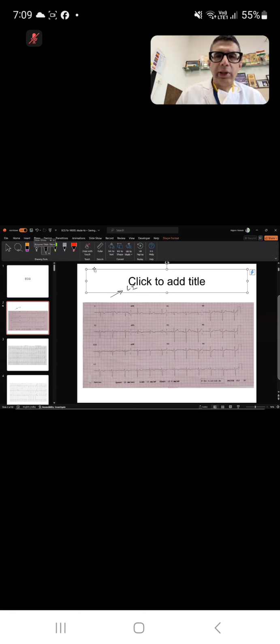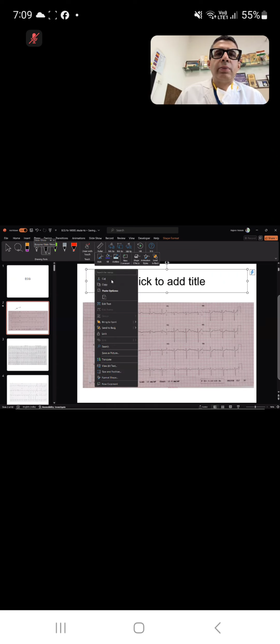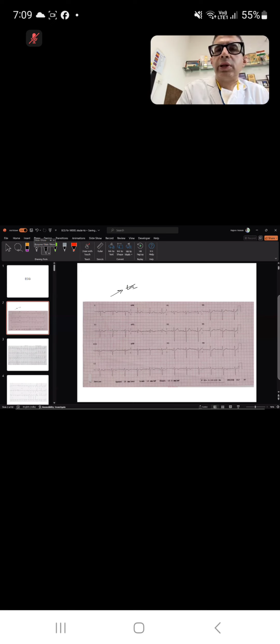You are looking at aVR. So let's look at L1, aVR, V1 to V6. Okay. So now if it is a lead reversal, in L1 the P wave is negative, QRS is negative. In aVR, P wave is positive, QRS is positive. V1 to V6, there is normal R wave progression.